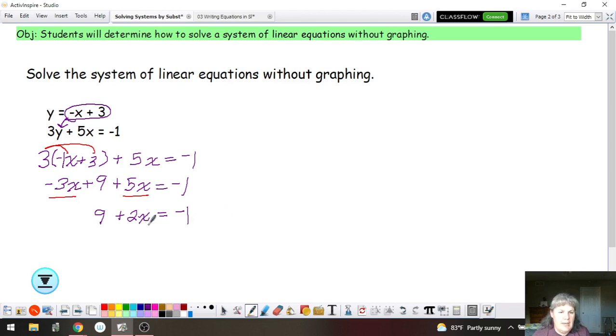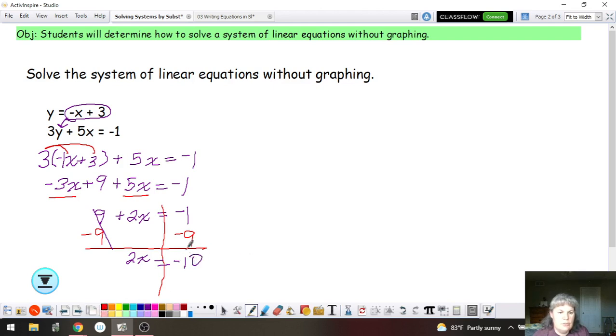Now we need to get the x all by itself. And this is where we begin the undo process. I want to get 2x by itself, so I need to undo the positive 9. To undo a positive, you subtract. So we now have 2x, because 9 minus 9 becomes 0, equals negative 1 minus 9 is negative 10.